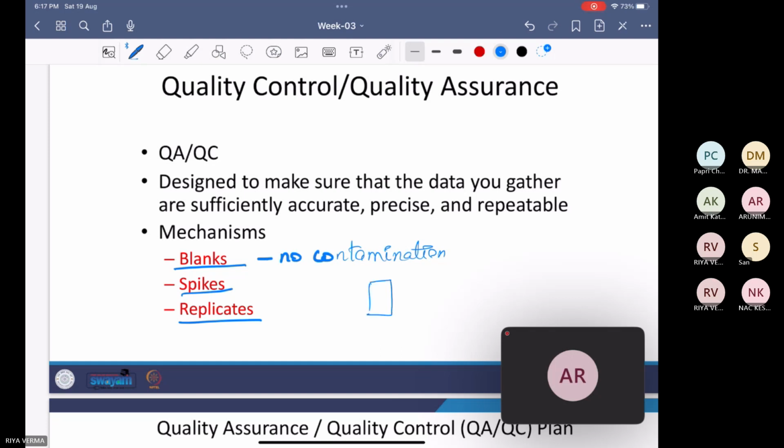For example, this is your original sample with some X concentration of pollutant, and this is your spiked sample with some Y concentration of pollutant. So we have added a certain amount of pollutant in this one, so this will be Y.